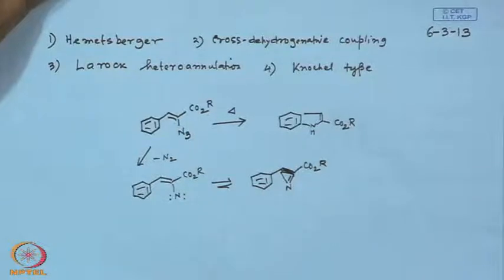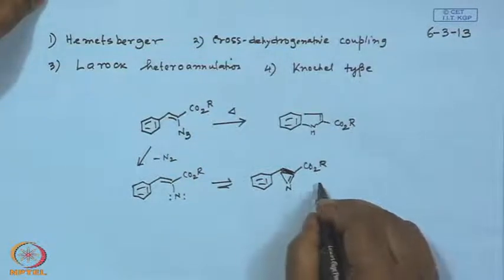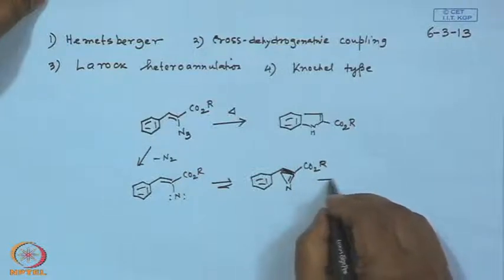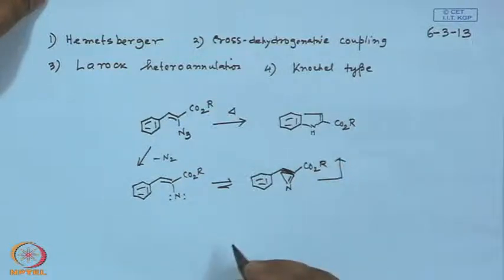So we get an azirine derivative. If you recall, this azirine derivative has a propensity to undergo rearrangement. What kind of rearrangement?